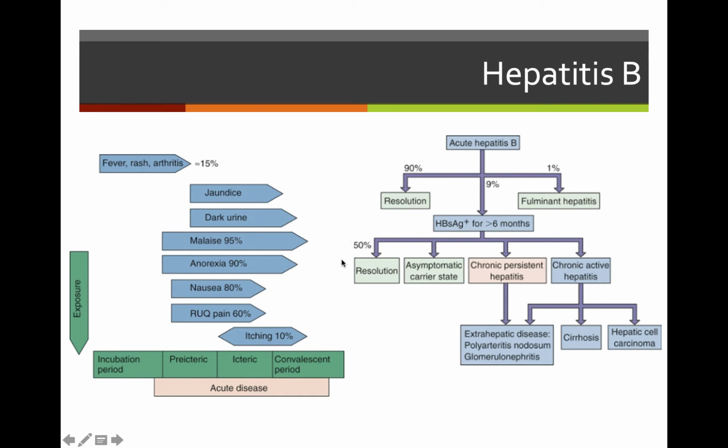Eventually, 50% of those will resolve it. Some will be asymptomatic carriers. Some will develop chronic persistent hepatitis, which can eventually lead to extrahepatic disease, especially affecting the kidneys, or chronic active hepatitis, which can also go extrahepatic but can cause cirrhosis or cancer.